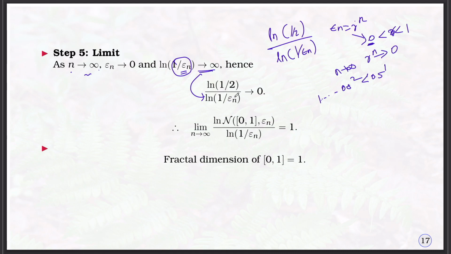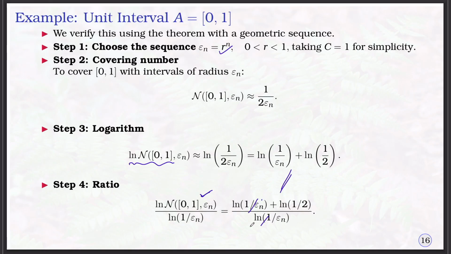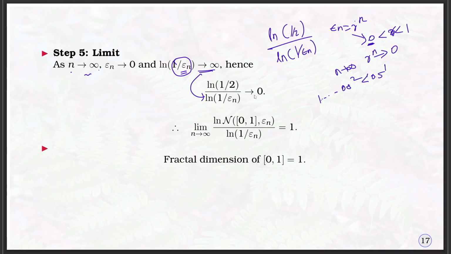How did we obtain this? You can see this term tends to 0, then for the box counting fractal dimension of the closed interval 0 comma 1, one can get this quantity 1.